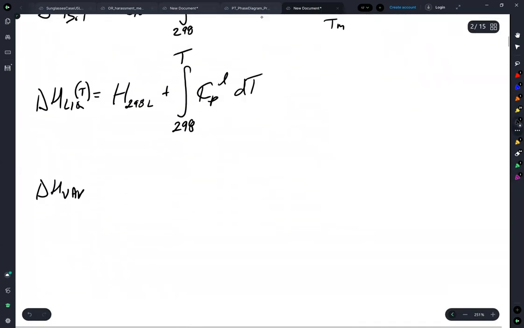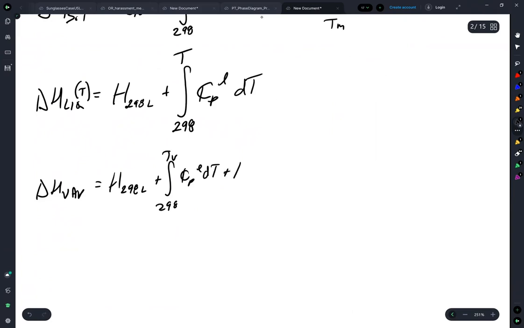So that means that this is going to be equal to H298 liquid plus the integral from 298 to TV CPL dt plus latent heat of liquid to vapor plus the integral from TV to T CPV dt.